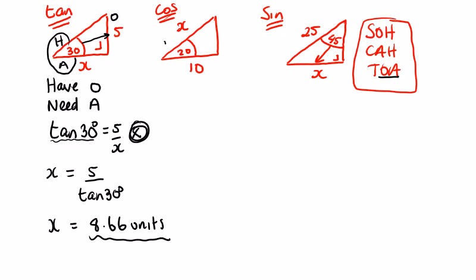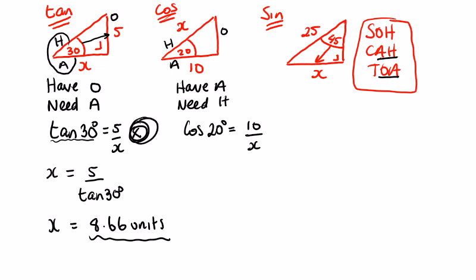Okay, let's label our triangle. H and A touch off the angle. O is not required here. What do we have? We have A and we need H. So A and H is cos. So we say the cos of the angle inside the triangle, 20, is equal to A over H, which is 10 over, we've called H X, and the same algebra as here, they just swap places.